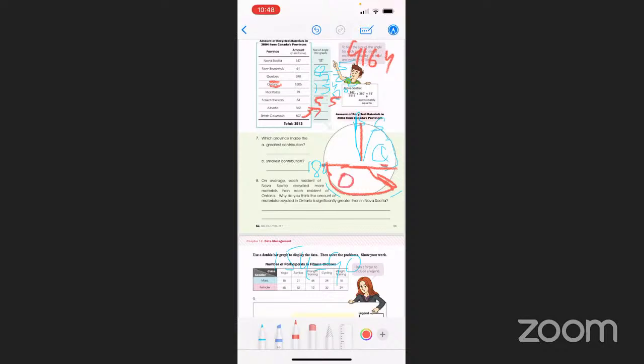Okay, so this side is, sorry, Scotia. Scotia, right? Okay, and then this side is Quebec. Okay, and this side is New Brunswick. And then this side is all Ontario. Okay?